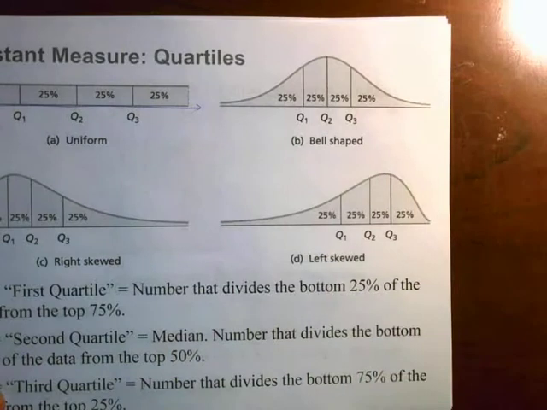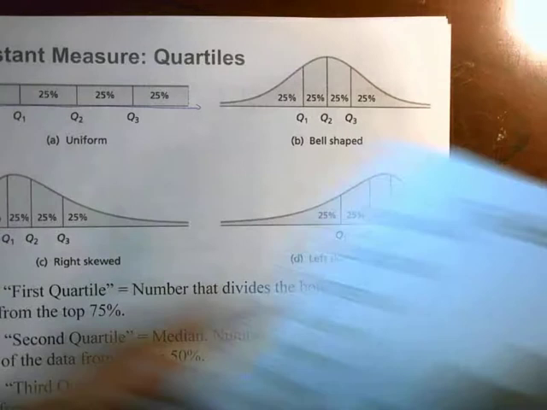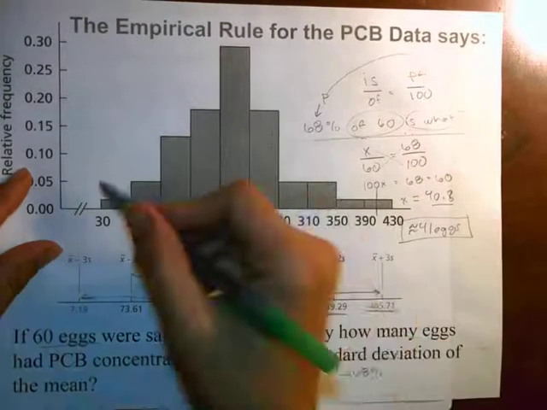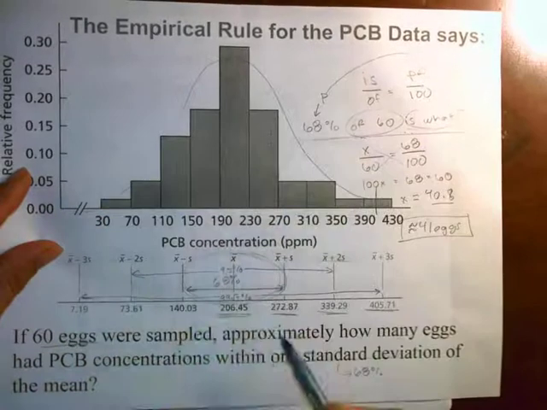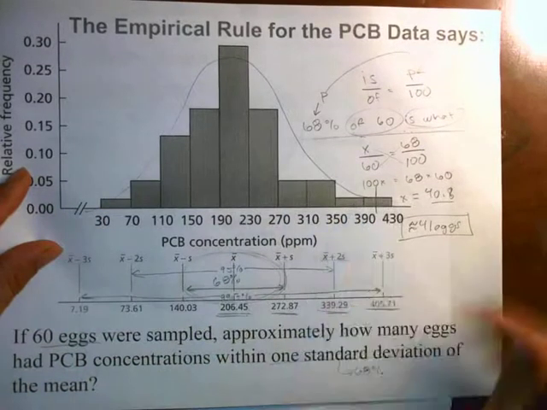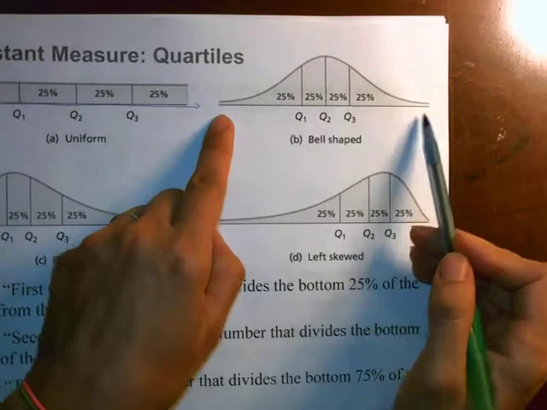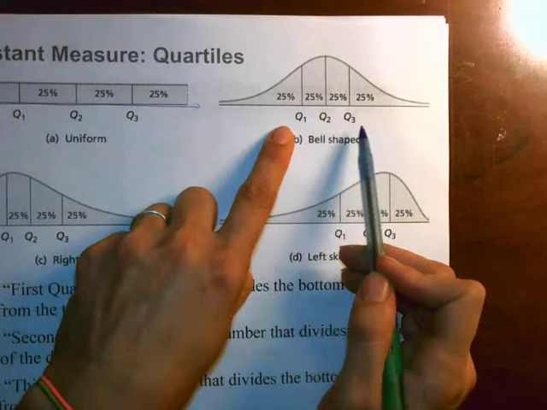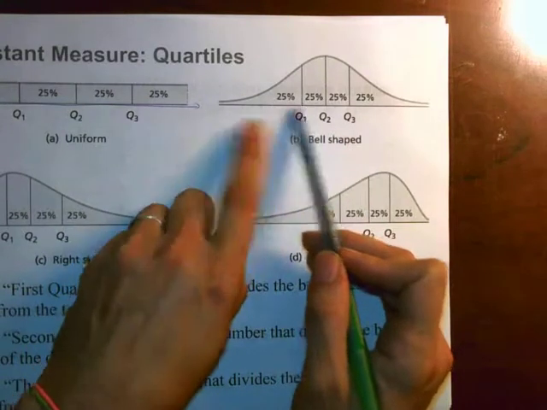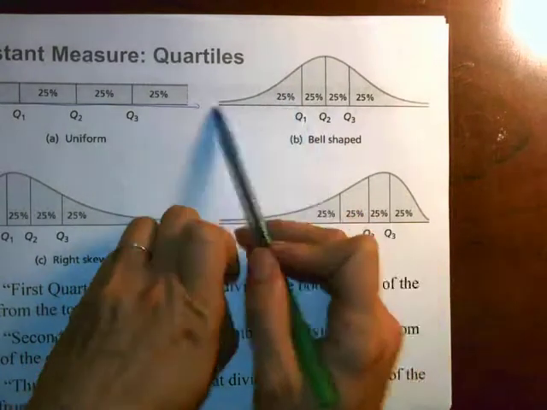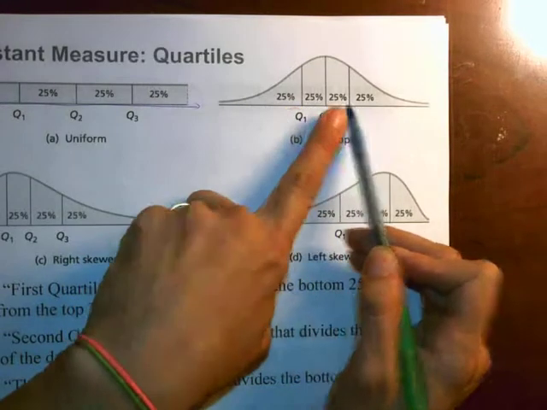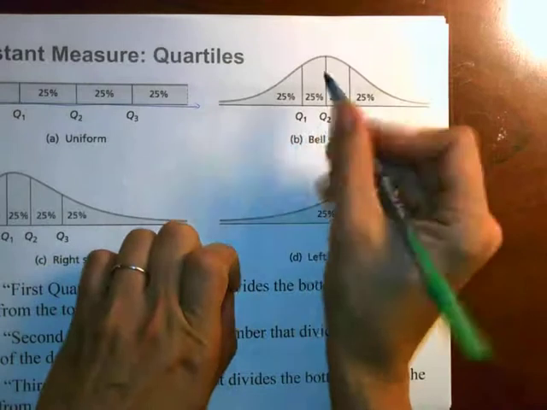Another way to think about binning this data is, what if our distribution is not horizontal like this, but bell-shaped? Just to pull an example from the previous section, right here was our bell-shaped distribution. So our bell-shaped curve looked like this, and here is the data. We could set some numbers, and we're going to call those numbers quartiles, so that we can look at the bottom 25% of the data, the middle 25% of the data, and the top 25% of the data.